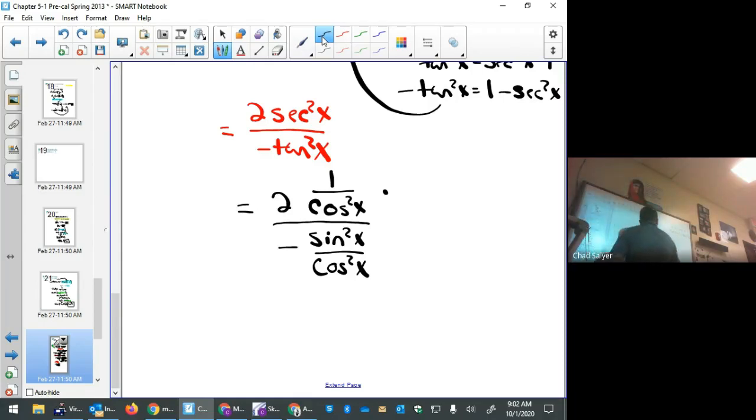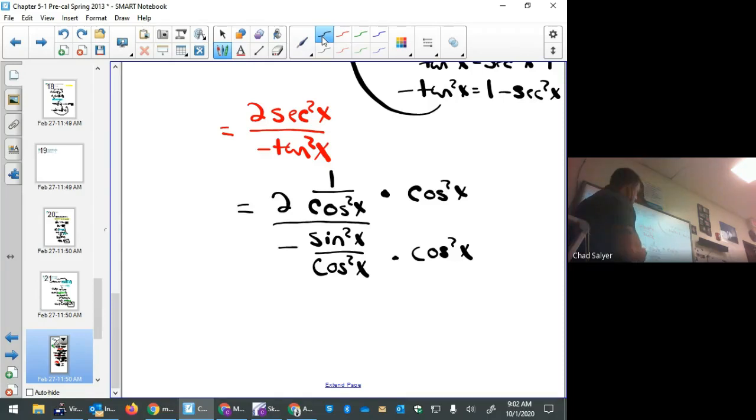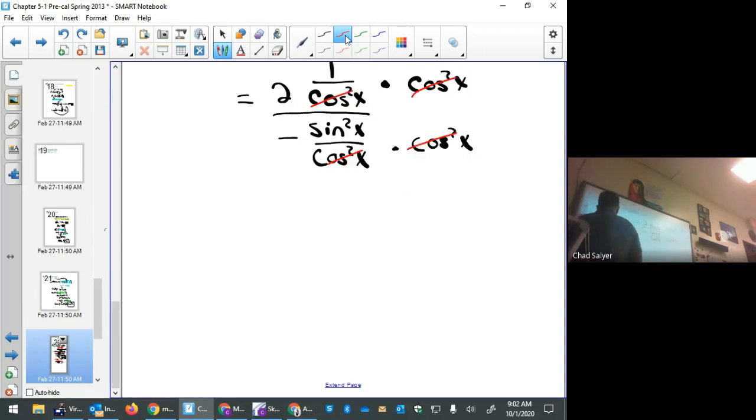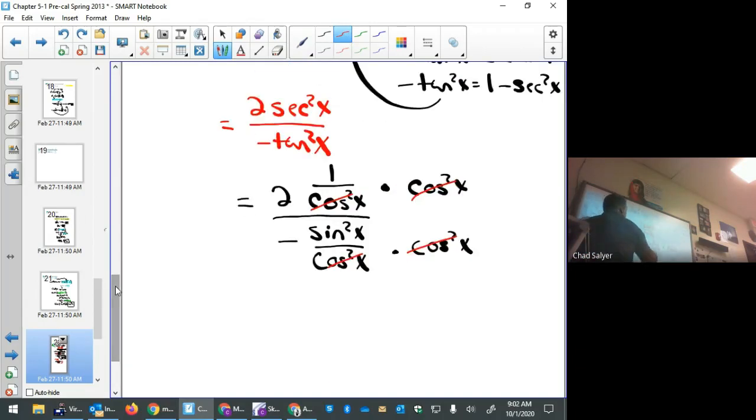I can multiply top and bottom by cosine squared x, which will cancel out those cosines. If I divide something by itself, I'm multiplying by 1. So you see how if I do this to the top and the bottom, I have effectively multiplied it by 1 and changed nothing, just rewriting it in a different way.